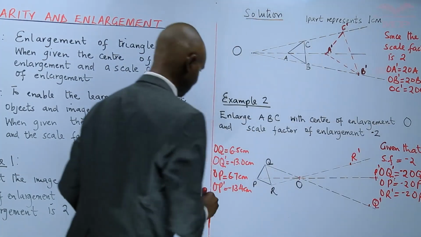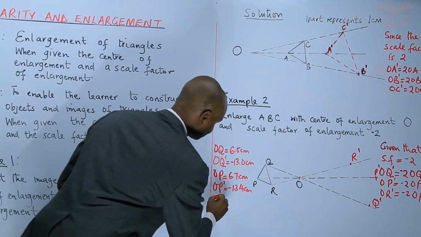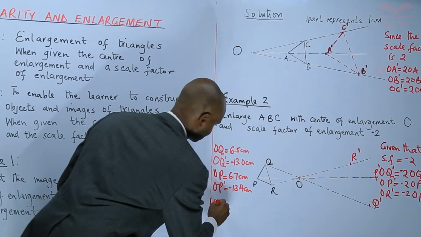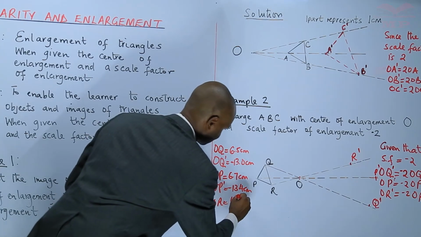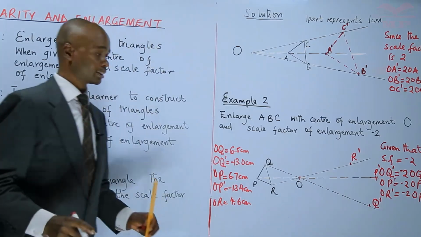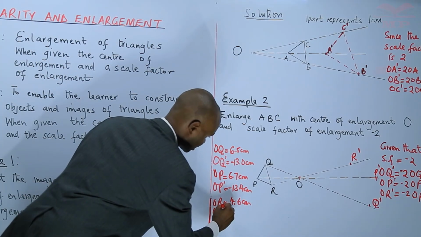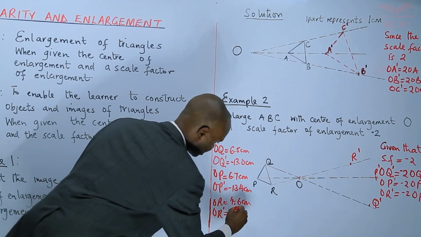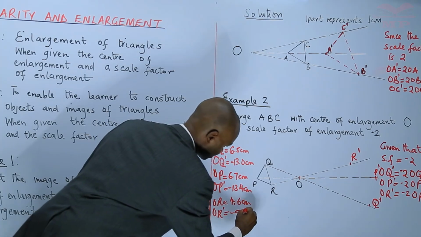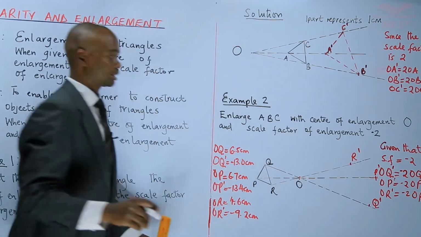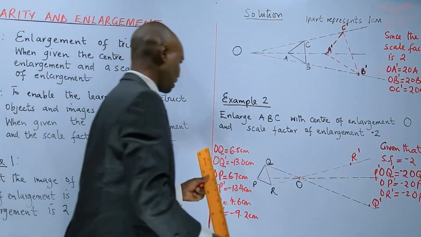You come and write OR is 4.6 centimeters. OR prime doubles, but it is now negative, minus 9.2 centimeters. There is something you'll discover once I draw that.